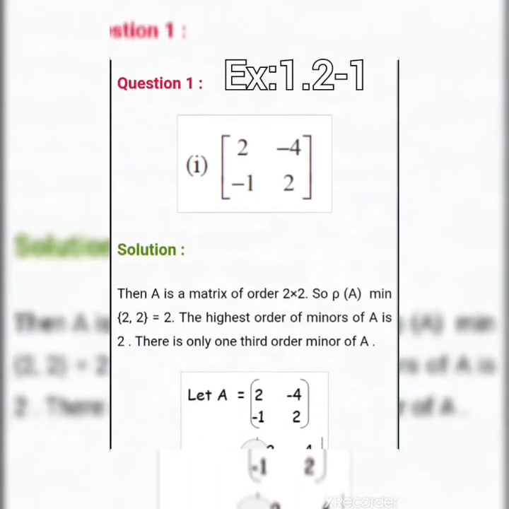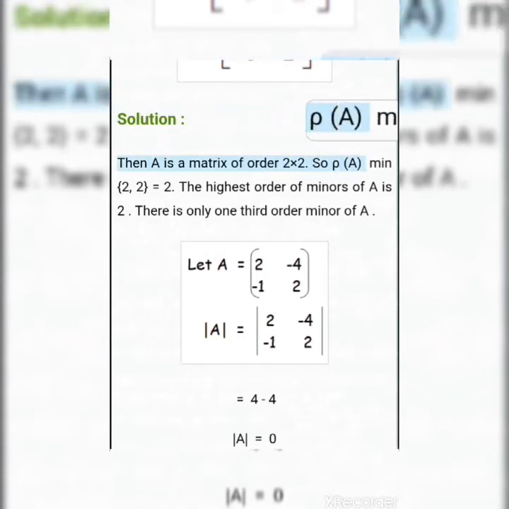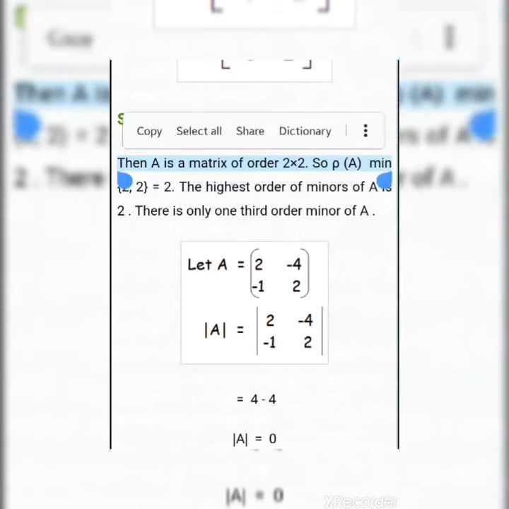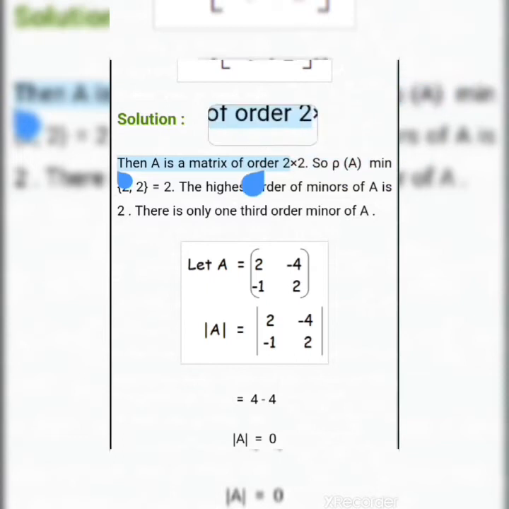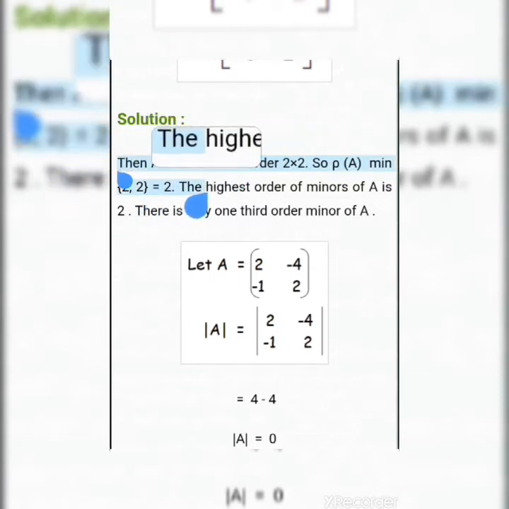Number 1. Matrix 2, minus 4, minus 1, 2. Solution. A is a matrix of order 2 by 2, so rank of A is minimum of 2 comma 2, equal to 2.